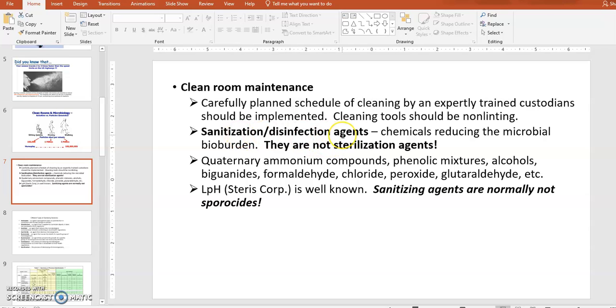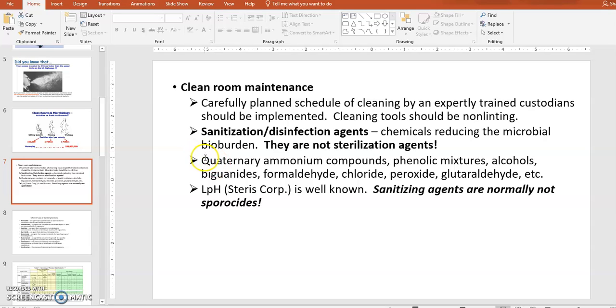Sanitization and disinfection are ways of reducing the bioburden, right? Reducing. But sterilization is a way of eliminating, removing completely. So that's a big difference.